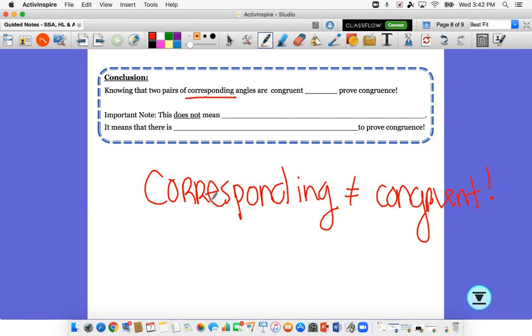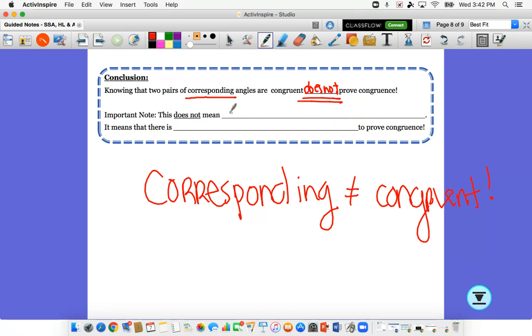You can have things that correspond, but they are not congruent to each other. I can put something in a corresponding location, but that doesn't mean it's exactly the same. So knowing that 2 pairs of corresponding angles are congruent does not, make sure you have that whole thing in there, I didn't give you a lot of room, prove congruence.